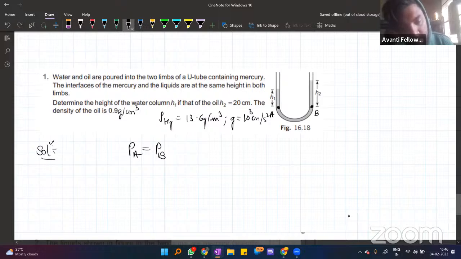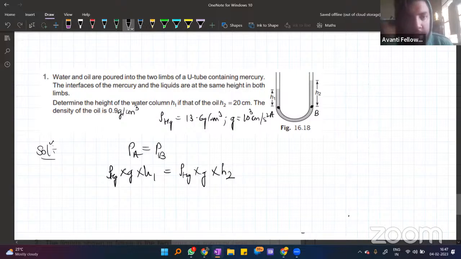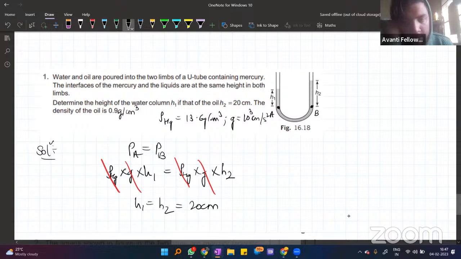This will be equal to rho of mercury into G into height H1 will be equal to rho of mercury into G into height H2. So everything will get cancelled out. Rho of Hg, G, rho of Hg, G, height 1 will be equal to height 2. That means it is equal to 20 centimeter.